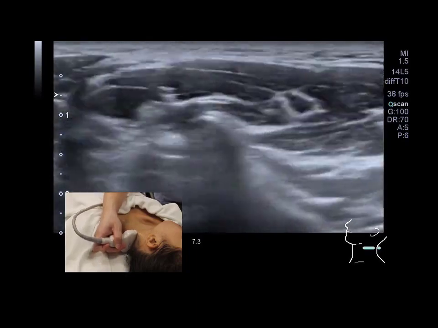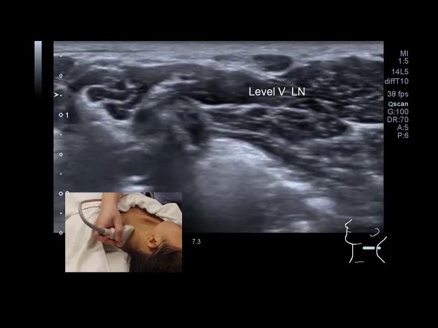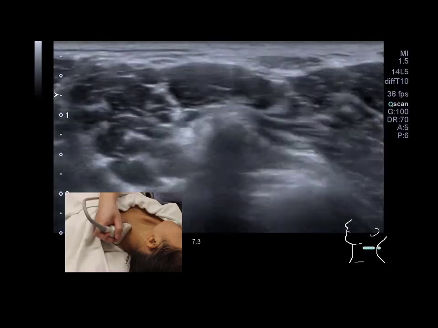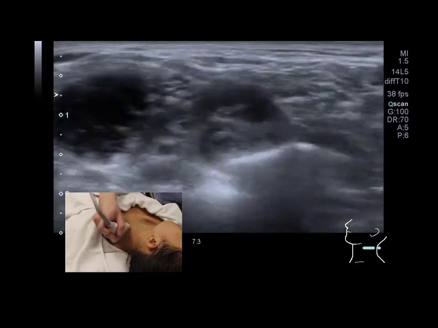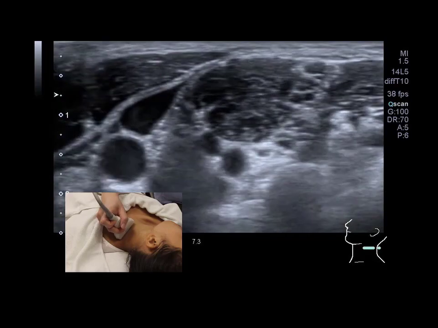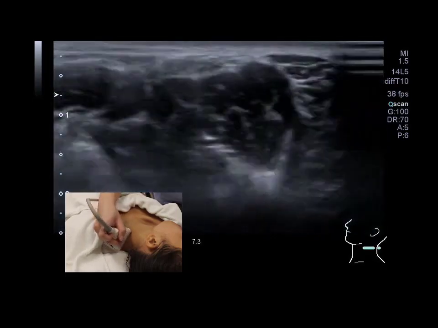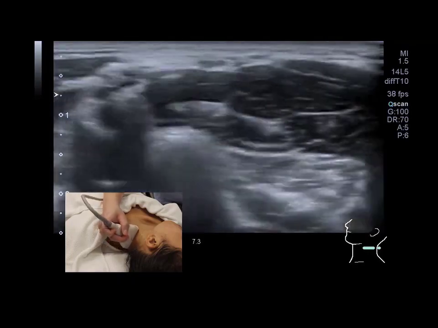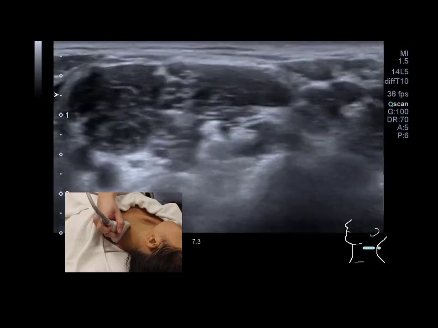When we scan down, this space is wider, and within this space we have to look for lymph nodes like this one. We have a small lymph node, and then go more down and down. Here is another one, in close proximity to the trapezius muscle. We look at the whole area. You just scan up and down to see the whole picture of this space, looking for lymph nodes and other masses. That will complete the posterior triangle scan.